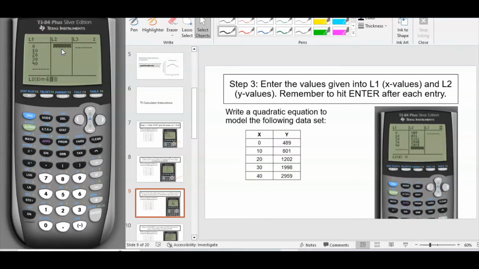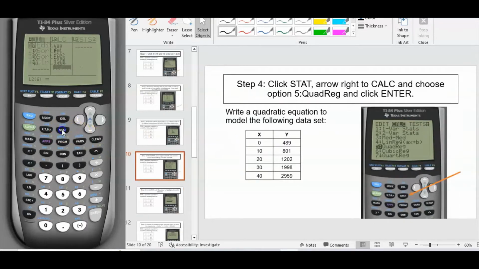So we're going to do 489, 801, 1202, 1998, and 2959. Once we have our values entered, we are going to go to Stat, arrow right to Calc, and then choose option 5, which is quadratic regression, since we want to write a quadratic this time.